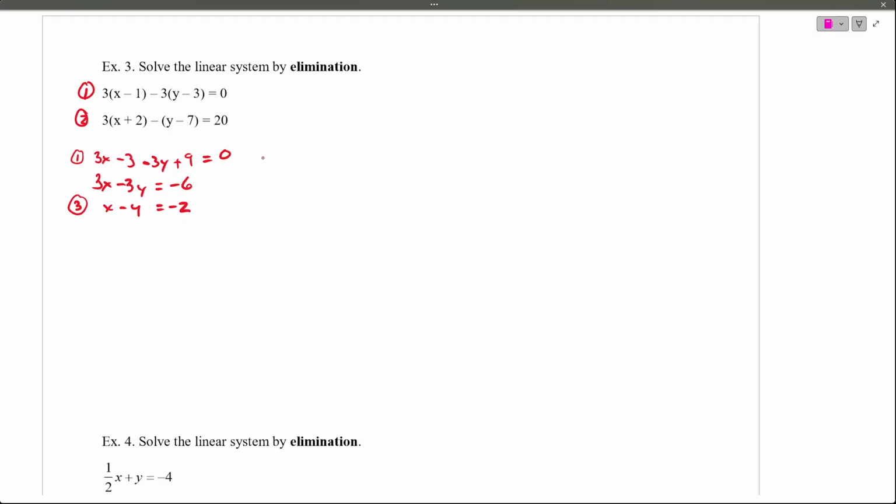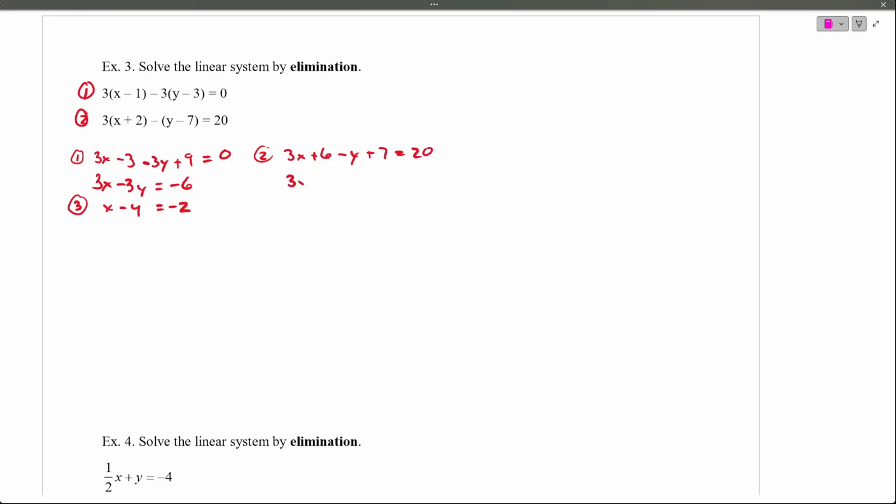Okay, now let's work with equation number 2. Let's simplify this guy too. So we have 3 times x, which is going to give us 3x. 3 times 2, which is going to give us 6. And we go over to the next piece. Minus 1 times y gives us minus y. Minus 1 times minus 7 gives us positive 7. And it equals 20. So again, we're going to collect our like terms.